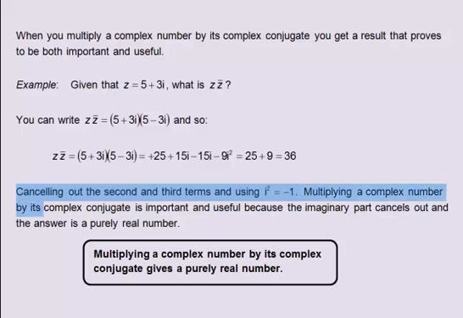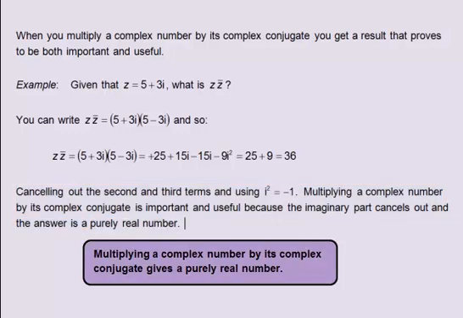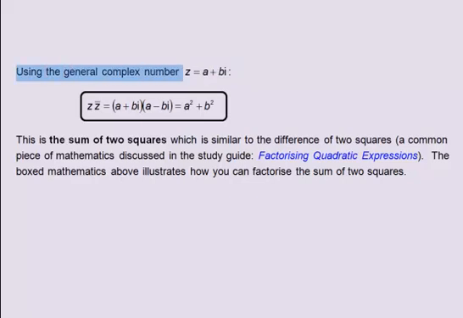Multiplying a complex number by its complex conjugate is important and useful because the imaginary part cancels out and the answer is a purely real number. Multiplying a complex number by its complex conjugate gives a purely real number. Using the general complex number z equals a + bi, z multiplied by its complex conjugate z̄ equals (a + bi) multiplied by (a − bi), which equals a² + b².